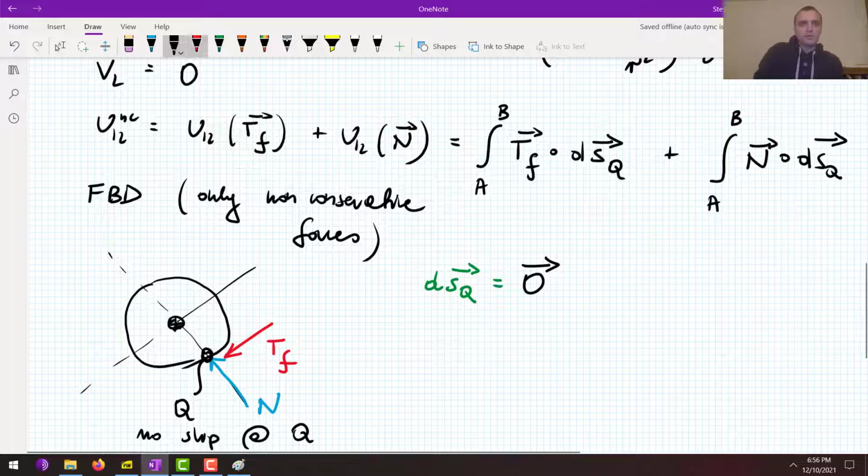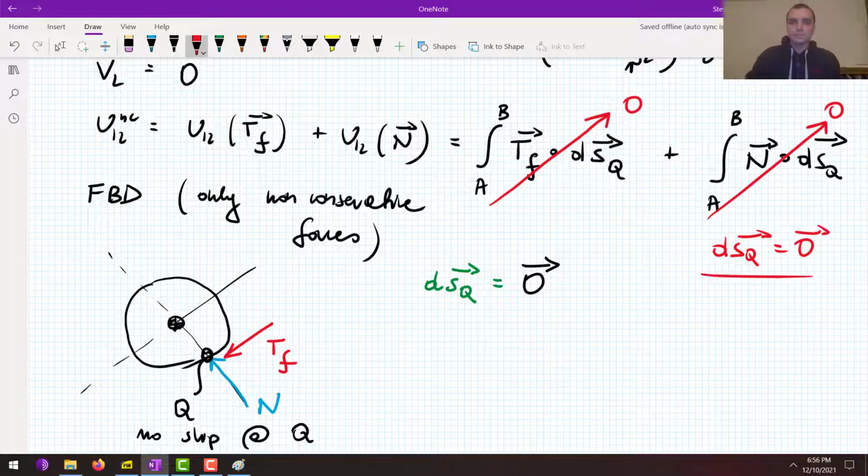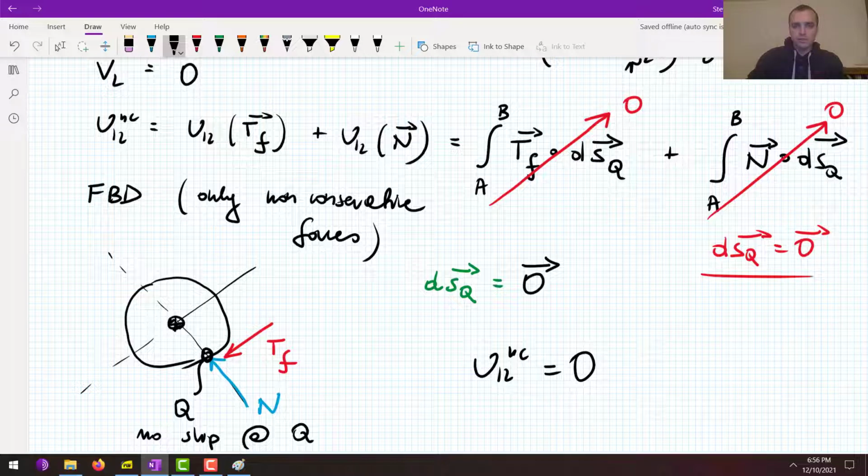That's why they actually do zero work. This is zero and this is zero, because dsQ is zero. Great. So our U12 non-conservative is zero. Great. We found five of these guys.